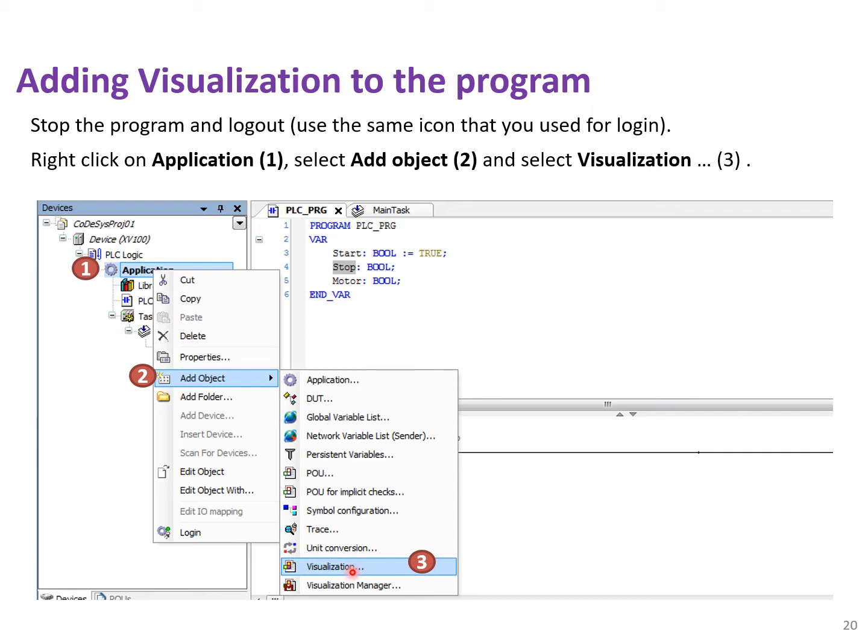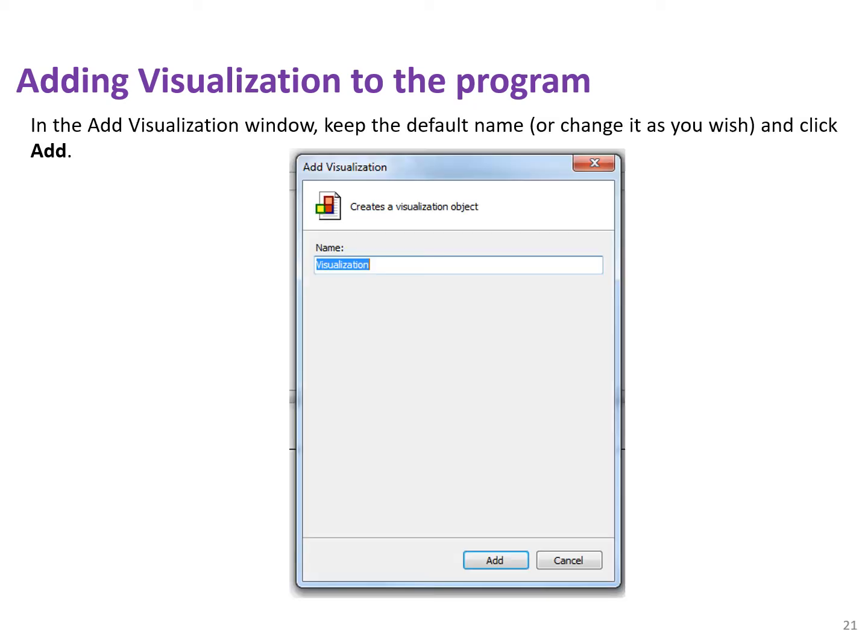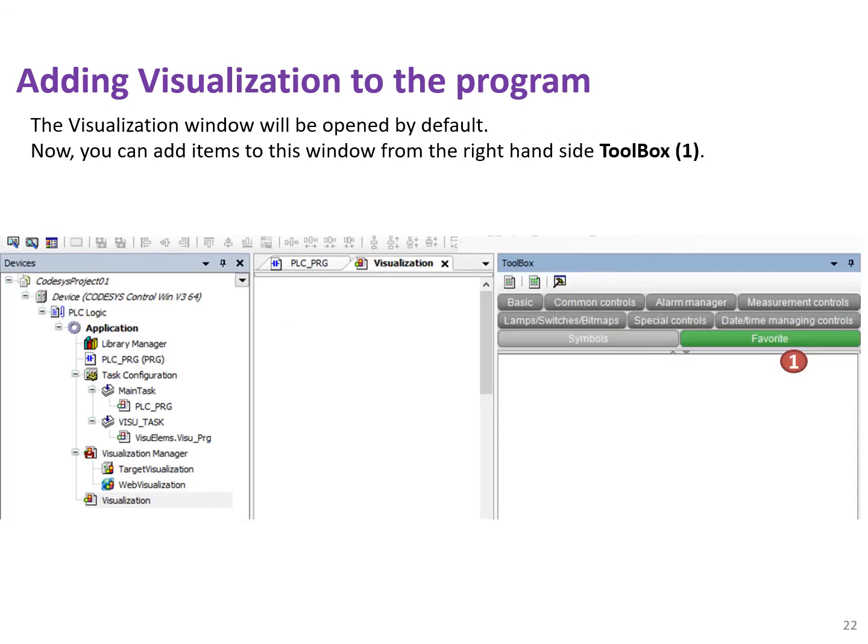then on add object, click on visualization. Once you click on this visualization, it takes some time to load the visualization and associated toolbox. So be patient and give the software some time. Okay, so you need to choose a name and add.